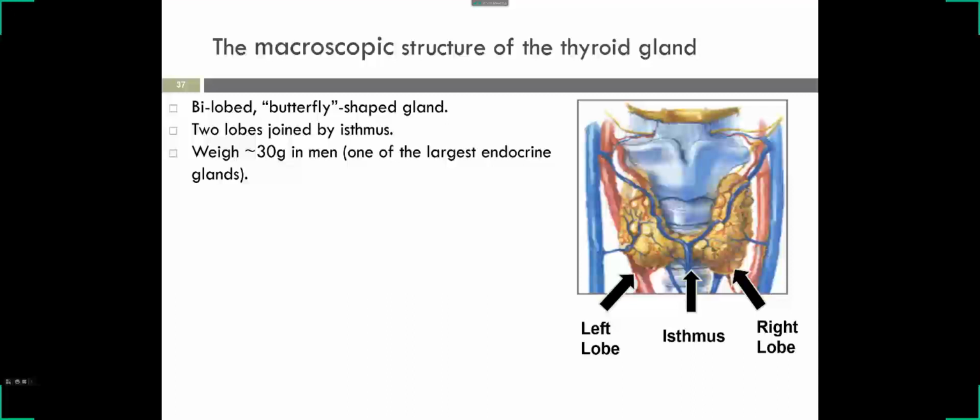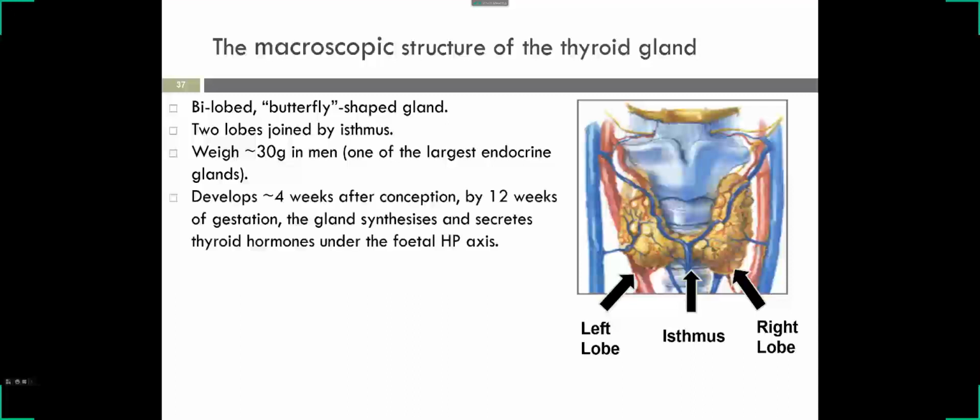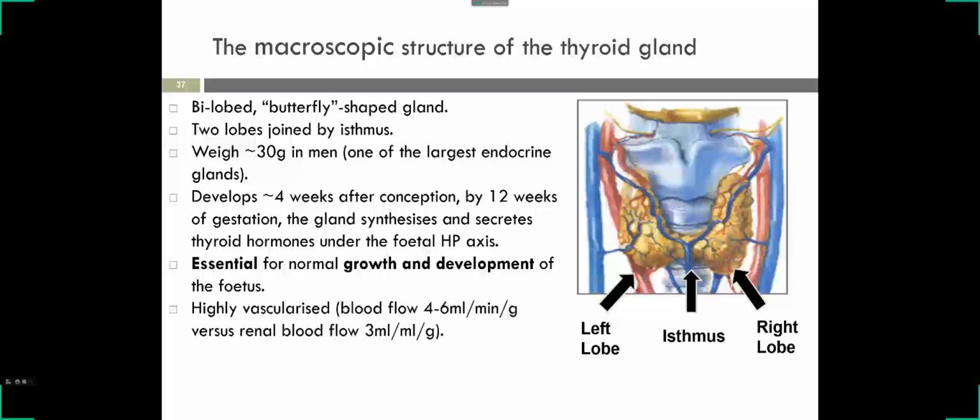It's roughly 30 grams, so one of the larger endocrine glands in humans. It develops very early on, at 4 weeks, and by 12 weeks it's complete. It's essential for growth and development, both of the fetus and for maintaining homeostasis of metabolism.